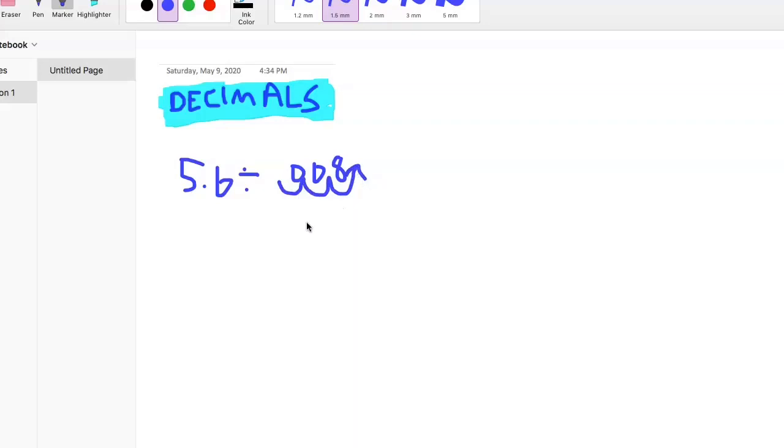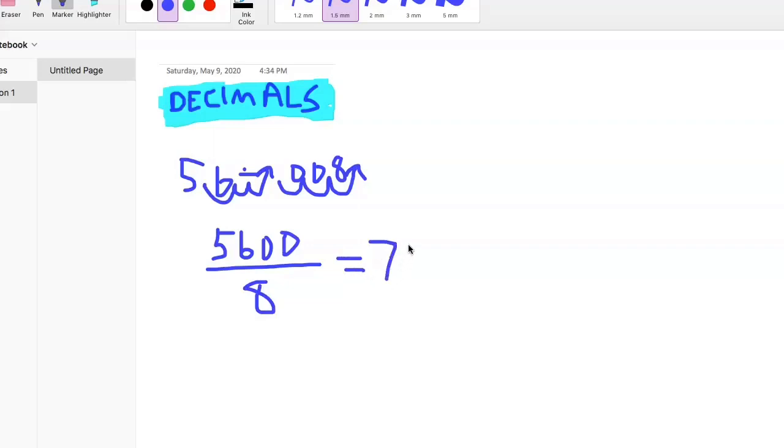Then with 5.6, I go 1, and then I don't have any numbers left, so I'm going to have to add 2 zeros to make it work out. So then that looks like 5,600 divided by 8. When you divide those out, you come up with 700, and that's your answer.